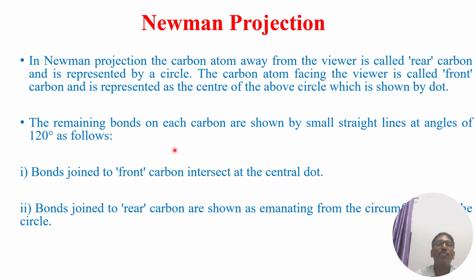The remaining bonds on each carbon are shown by small straight lines at an angle of 120 degrees as follows. Bonds joined to the front carbon intersect at the central dot, whereas bonds joined to the rear carbon are shown emanating from the circumference of the circle.